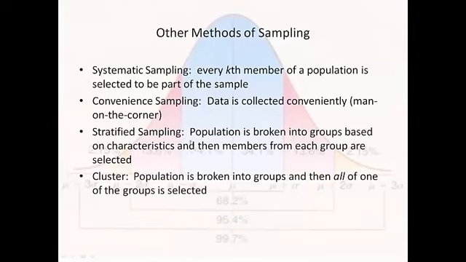Other methods of sampling. Now let's talk about these. Some of these are good and some of these are bad, so we'll talk about them a little bit here. There's systematic sampling.